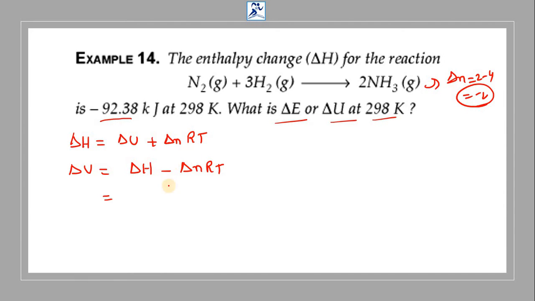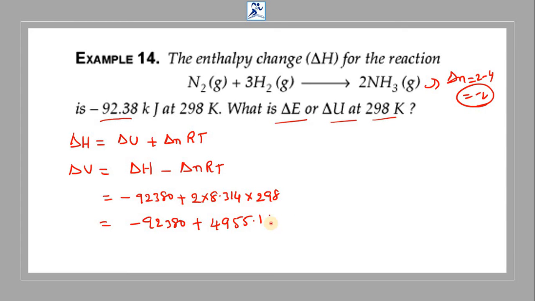Delta H will be minus 92,380. Minus of minus is plus, so you will get 2 into R value 8.314 into temperature 298 Kelvin, and this is added to minus 92,380. The product value is 4955.1 joules per mole.